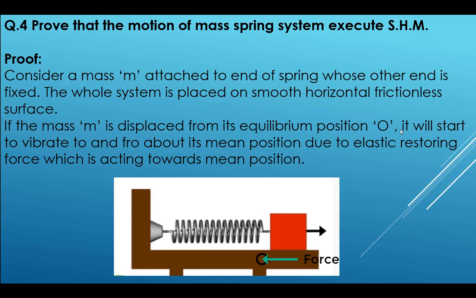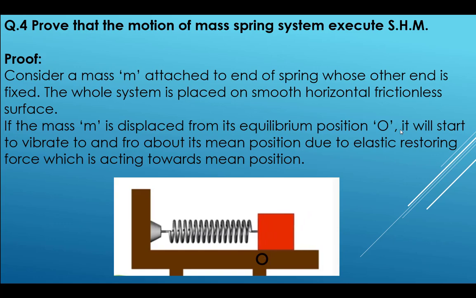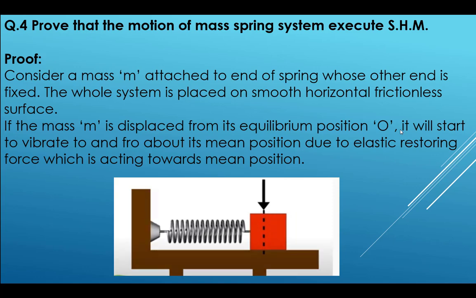This force is acting towards the mean position, and we know that force is directly proportional to acceleration, so its acceleration will also be pointing toward the mean position. This means that the elastic restoring force is acting towards the mean position, due to which its acceleration is also acting towards the mean position. Here we are satisfying the second condition for simple harmonic motion.